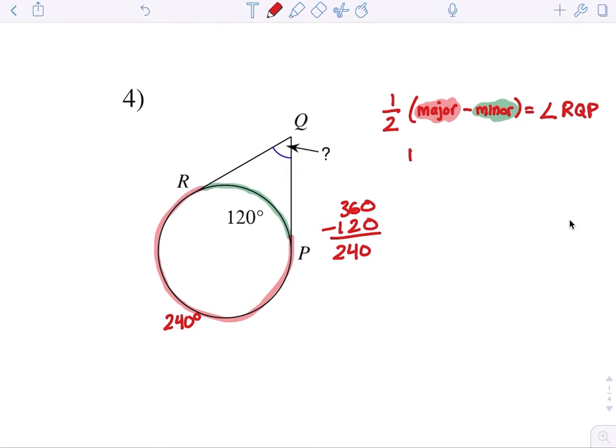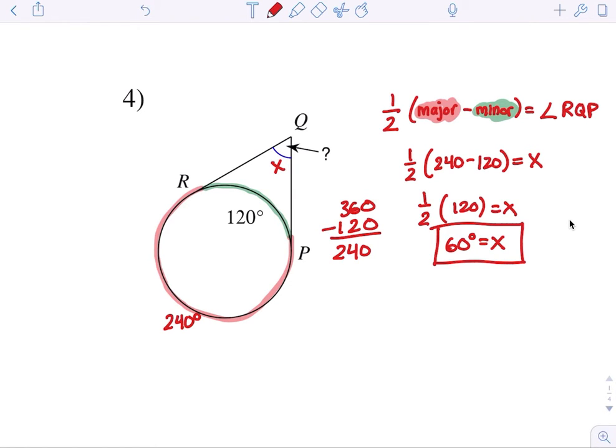So 1/2 times the major arc, which is 240, minus the minor arc, is equal to the angle measurement. I'll just call that x. So 1/2 of 120 is 60 degrees. So 60 degrees is equal to that angle, x.